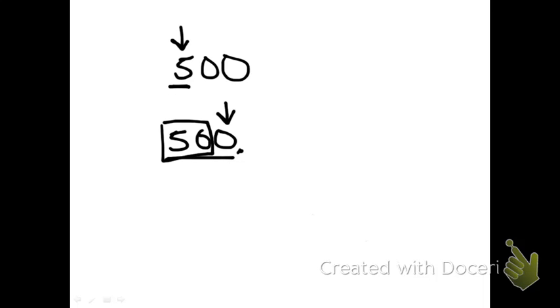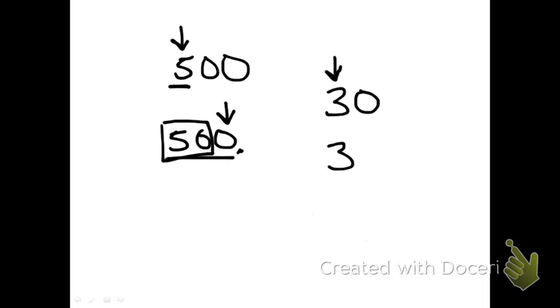Okay? Now, let's try the number 30. There is no decimal point. Therefore, the 0 is not significant, only the 3 is. So the 3 is my estimated digit, not the 0. The 0 is just what? It's a placeholder.